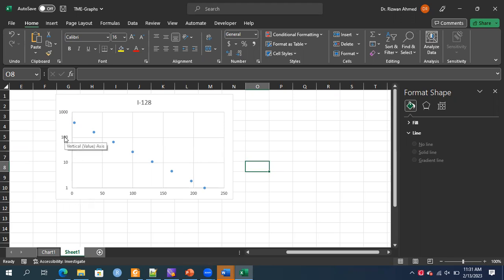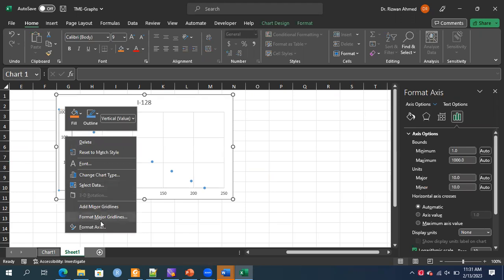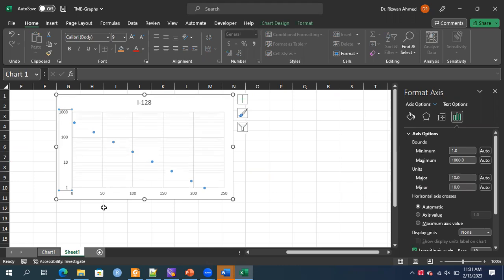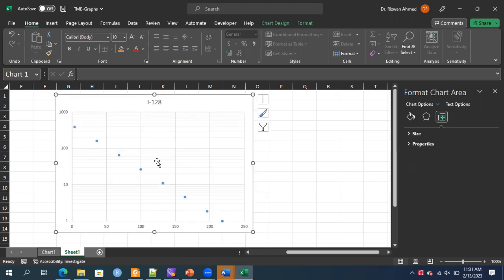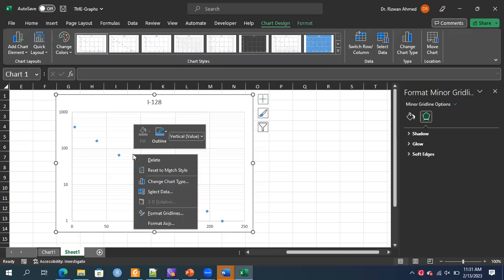So if I like to show you the grid lines, if I say minor grid lines, you would be able to see some finite lines. I have to change the color of these lines. Okay, format grid lines.